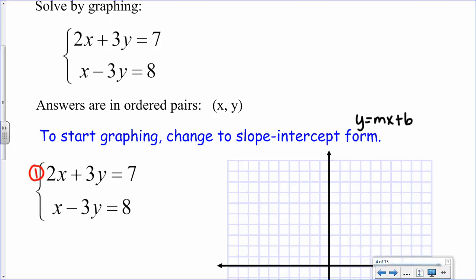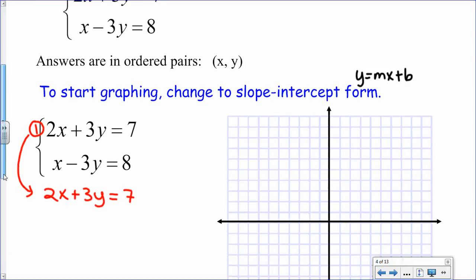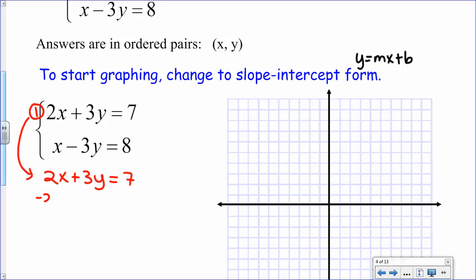So if I look at this first line, the first thing I want to do is subtract the 2x. Since it goes mx plus b, I'm going to put the negative 2x first before the 7. So negative 2x, and then that's positive 7, so plus 7.